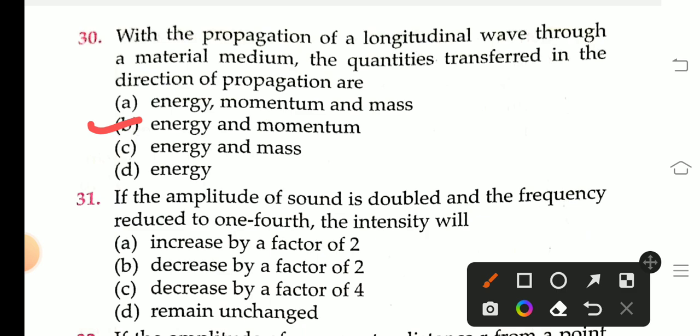Next, if the amplitude of sound is doubled and the frequency reduced to one fourth, the intensity will. Right answer will be option C. Decrease by a factor of 4.